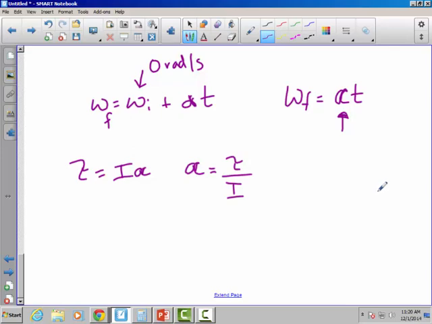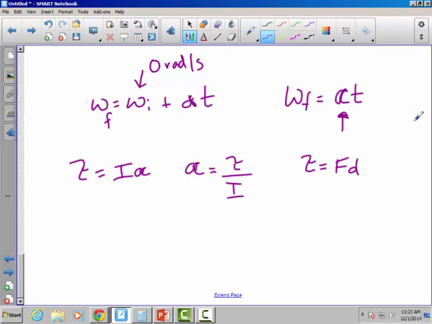Now, they don't give us the torque in the problem. They gave us the force, and they gave us the distance that the force is being applied at. So torque is equal to Fd, or in this case it's F little r because they told us it's acting at a distance of 7 centimeters.